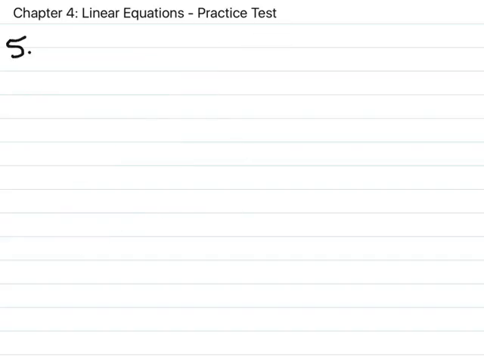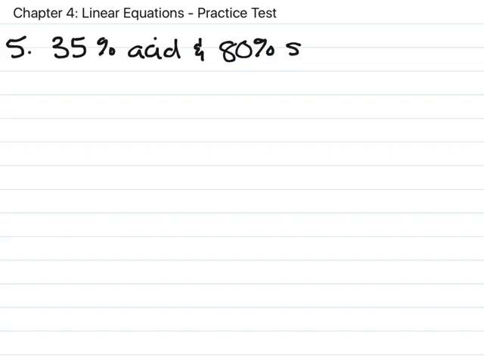Question 5. Mitchell works in a lab, and he's going to mix a 35% solution of acid and an 80% solution to get 70 milliliters of a 50% solution.